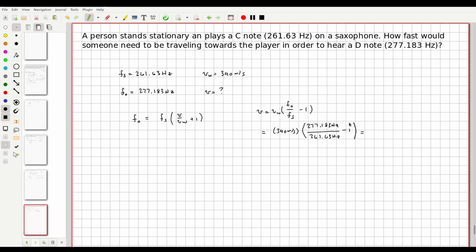And when you do your math here, you end up with 20.2 meters per second.